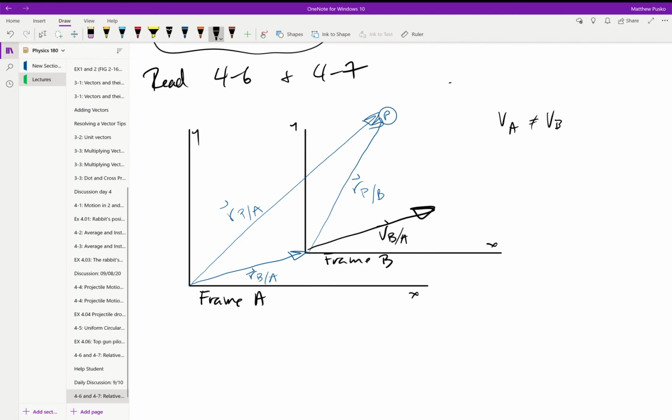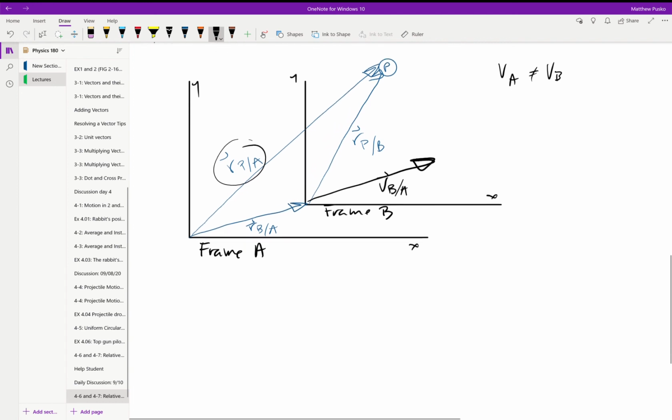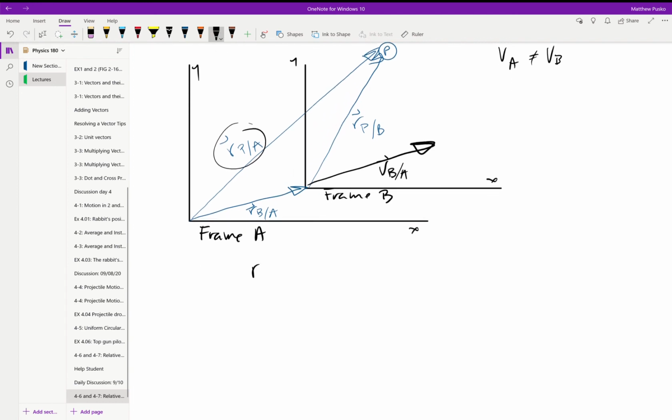Now, what we can see is that this position vector is actually equal to these two things added up. And your book is going to write this as the position of P with respect to A is equal to the vector sum of R of P with respect to B plus R of B with respect to A. Need to know that one.